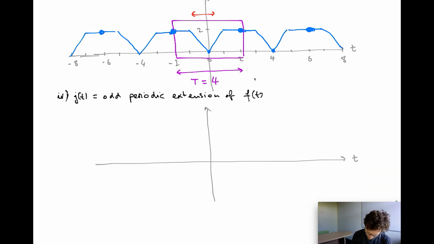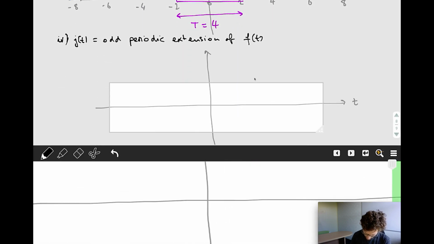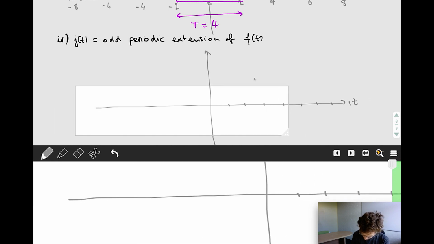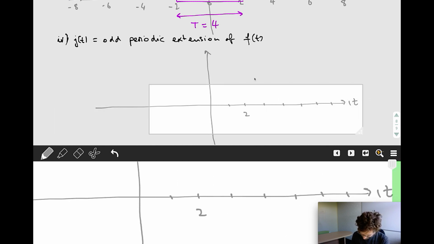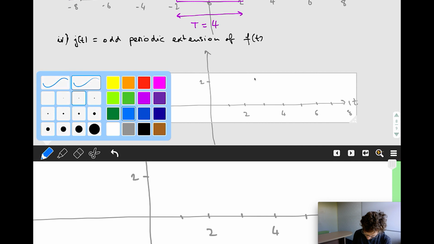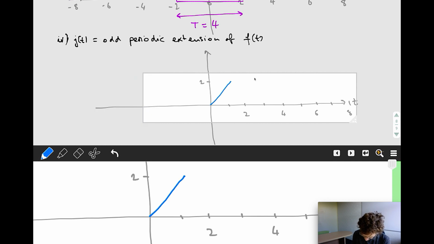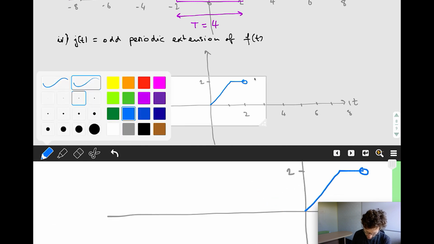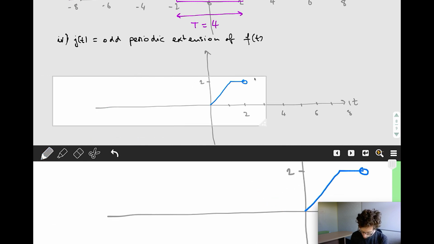Let's once again take my original tile between 0 and 2. So that's a function that looks like this. And I'm going to take that basic tile and double it in size by swapping it in the left-right direction.